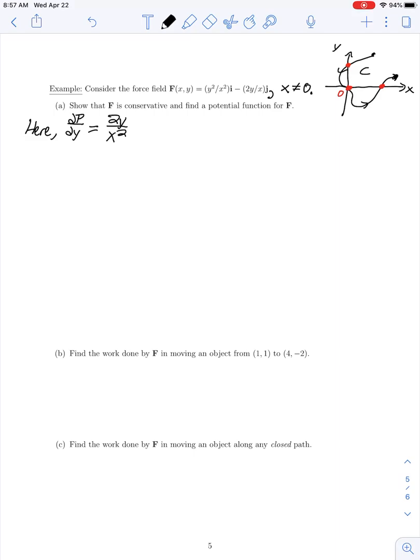And we ask, is that the same as the partial of Q with respect to x? So here, partial of Q with respect to x would be a positive 2y over x squared. It is indeed the same partial derivative. So what that means is that this vector field F is conservative.